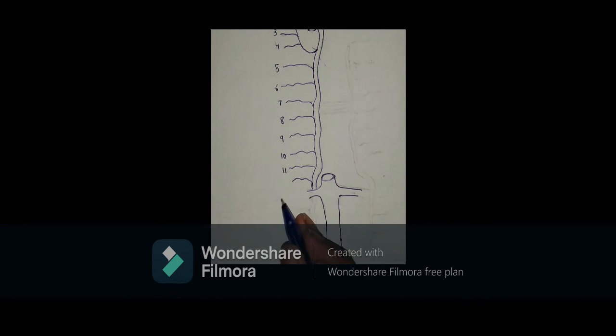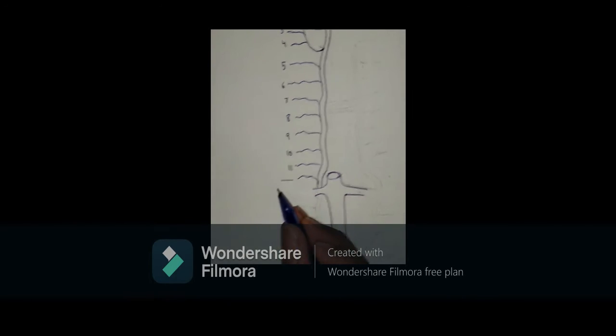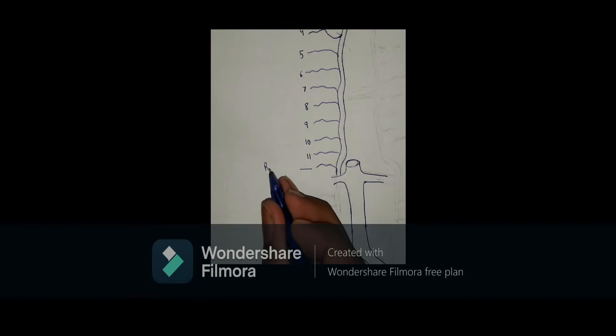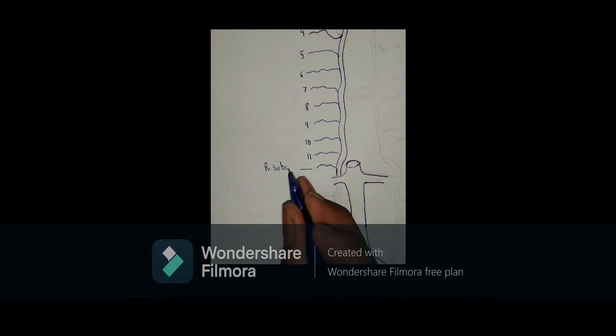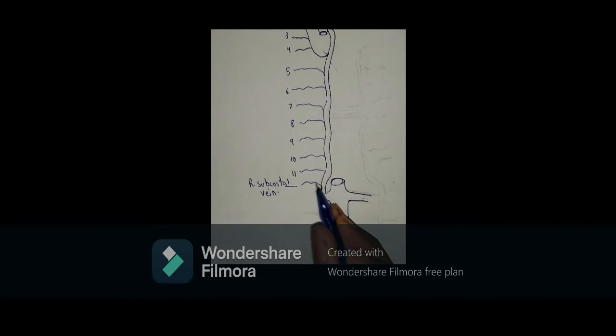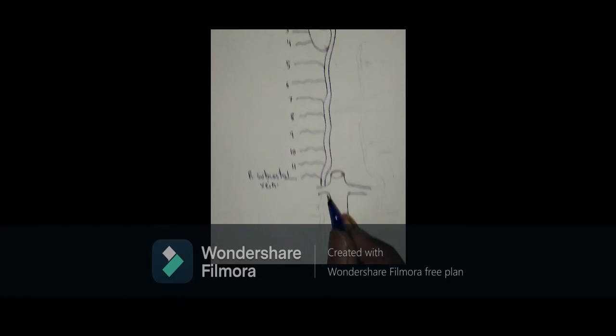This is called the subcostal vein. So this is the right subcostal vein, which is going to drain into the azygous vein.